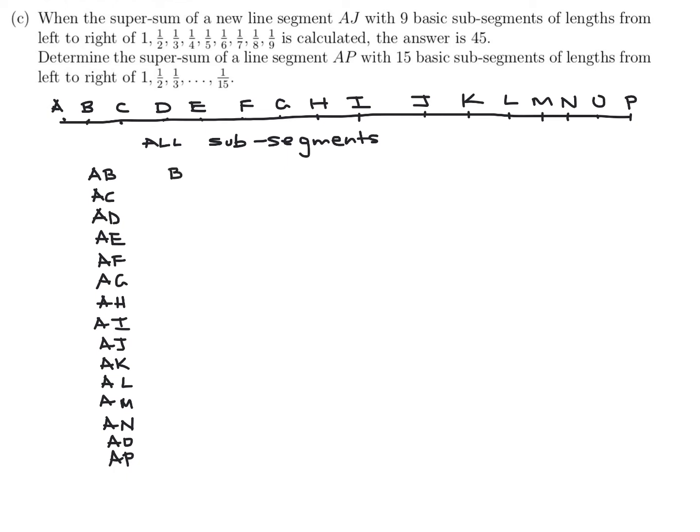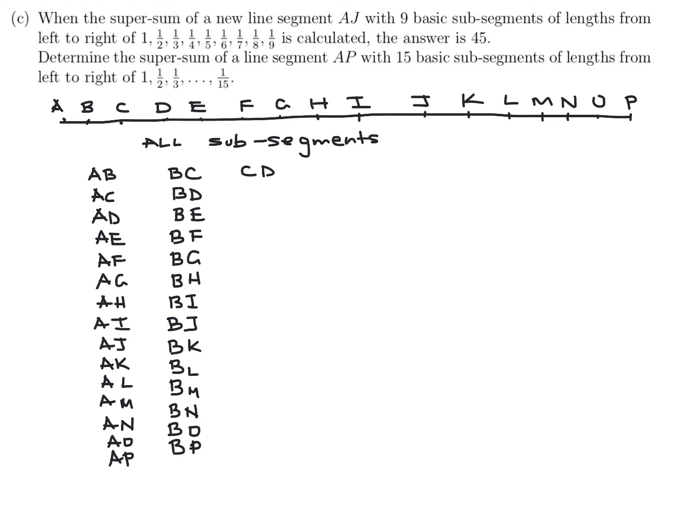So you'll have BC, and then BD, and so on. And you guys get the point. And then next, you'll have all the segments that begin with C. So you'd have CD, CE, CF, and all the way down. So you just continue like this, and you just list them all.